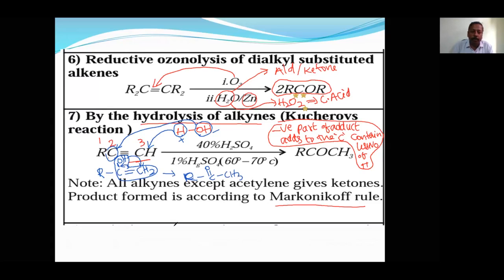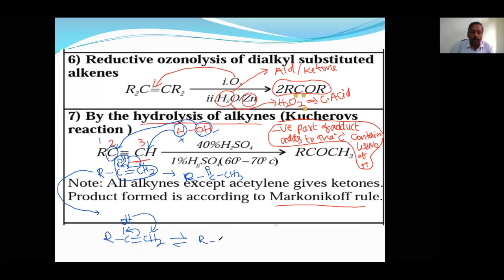Very important: tautomerism, a 1,3 migration of proton. So again I am writing it clearly: R, C with OH and a double bond to CH2. In the 1,3 migration, this hydrogen will come here and this pi bond will go here. So the resulting tautomer is formed.